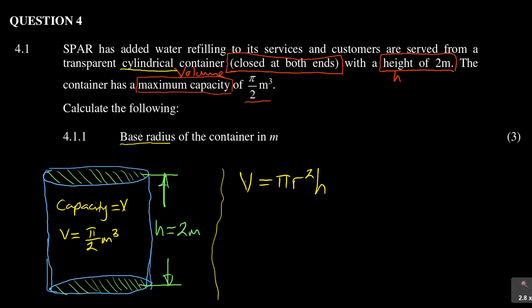Where there is volume I put the value, which is pi over 2, that is my volume, equal to pi r squared, and I know my height. They told me the height there is 2 meters. So this is how you use the information you're given and substitute, and from this I can now calculate the radius.